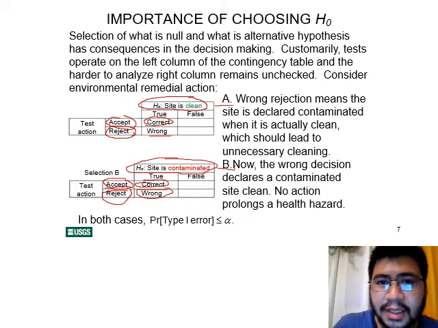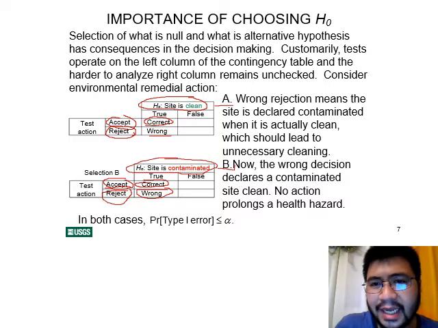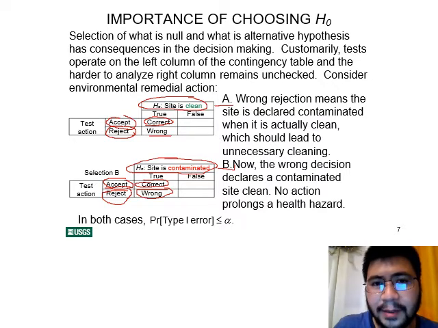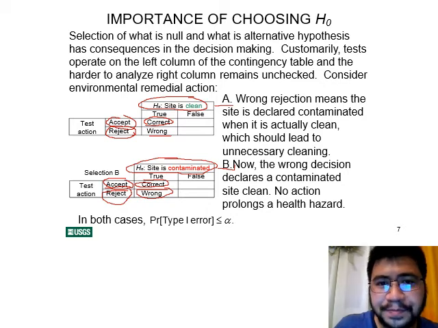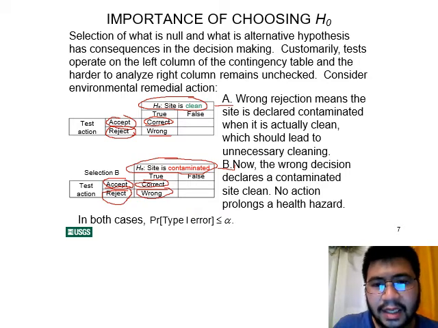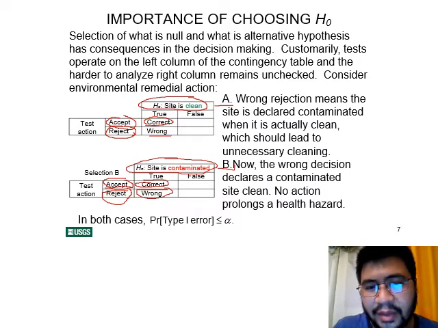So at least we can see here how phrasing the null hypothesis can affect the outcomes of our actions on a given problem. In most scenarios, it's actually fine to spend some money even if our interpretation is wrong. We spent some money cleaning up the site even if it's not contaminated.